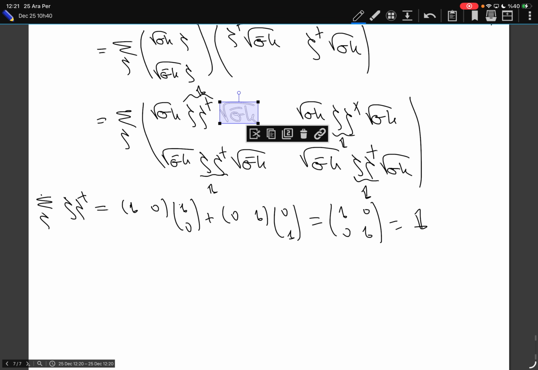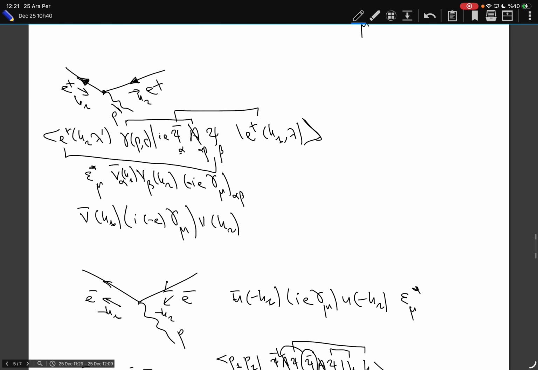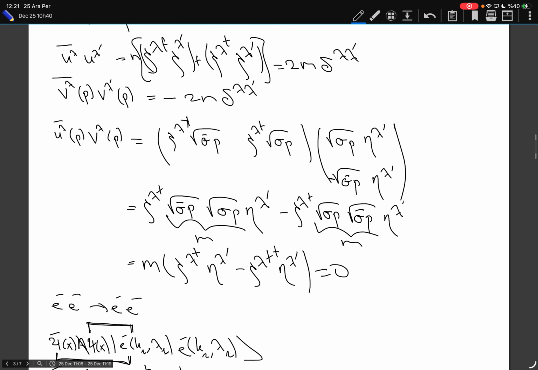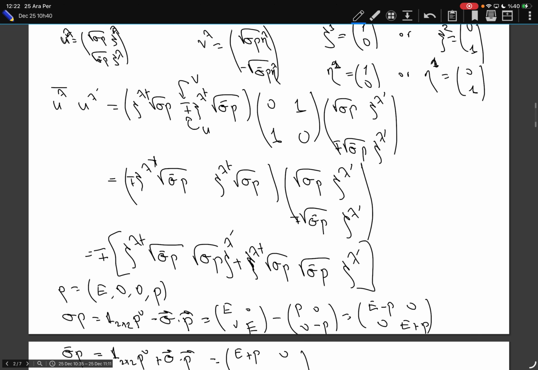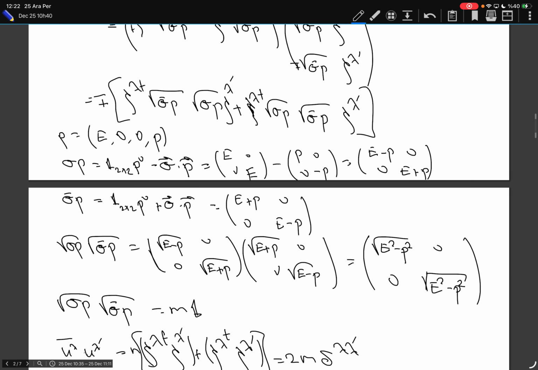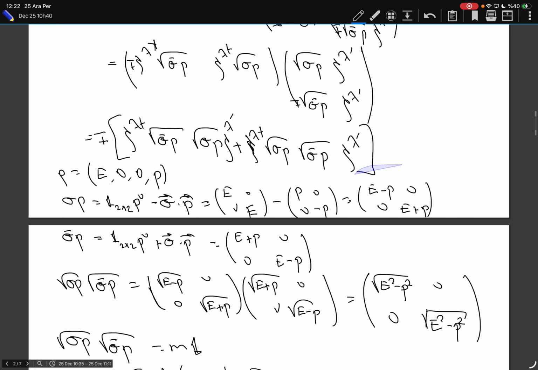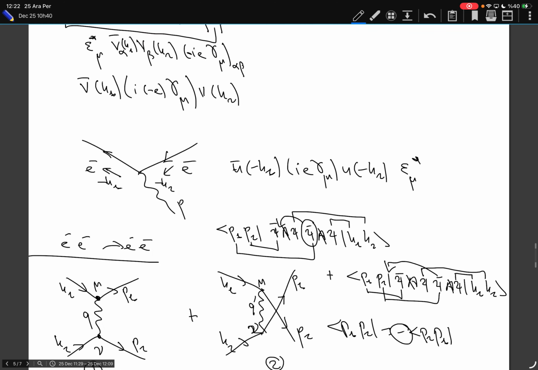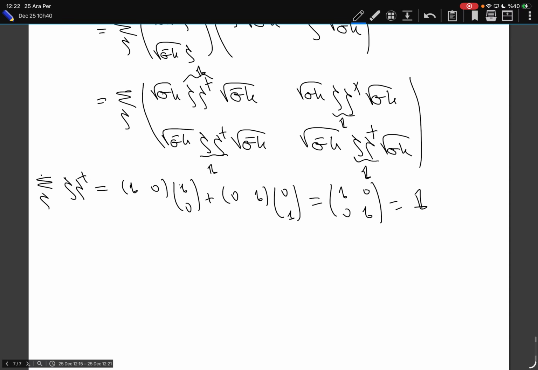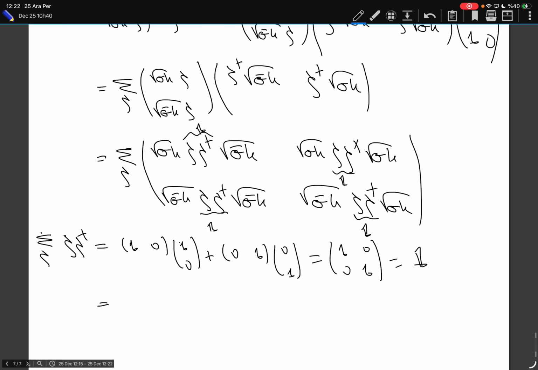Well, I had already calculated it. Here the square root of sigma times sigma bar is just m. Sigma p is, remember, E minus P, E plus P. So that sum is equal to: the square root of sigma sigma bar is m, here I have sigma k, here I have sigma bar k.